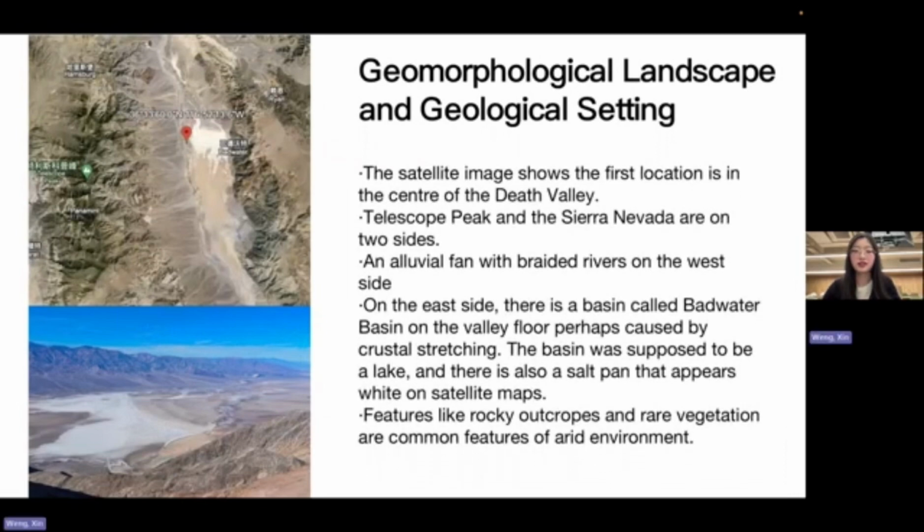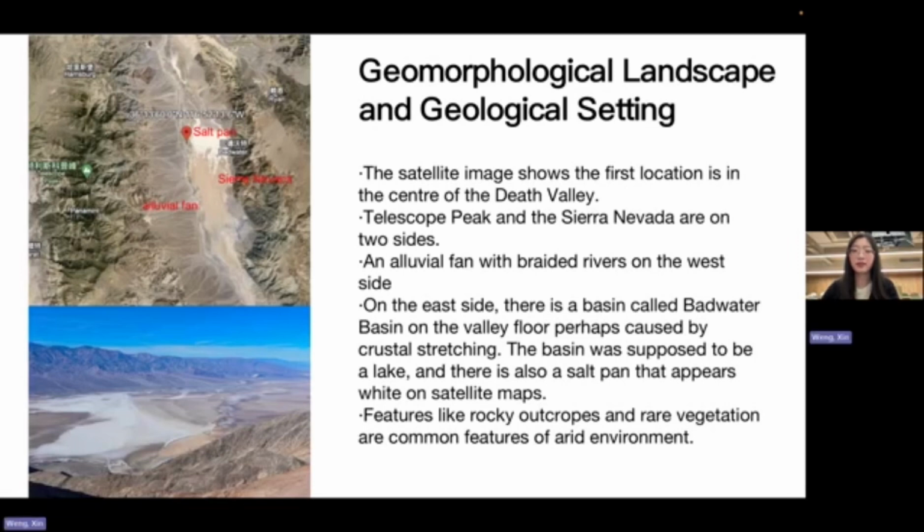Now let's talk about the geomorphological landscape and the geological setting of the first location. The satellite image shows the location is in the center of the Death Valley. 2 mountains are on 2 sides. An alluvial fan with braided river on the west side. In the east, there is a basin called Badwater Basin.